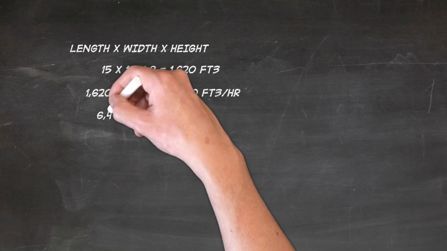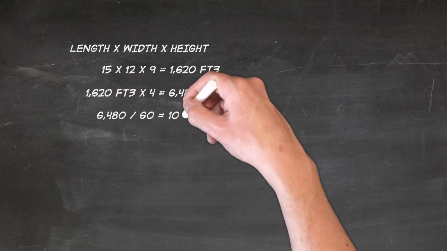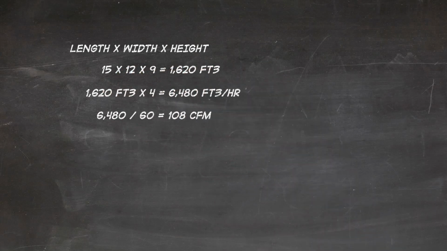So 6,480 divided by 60 is equal to 108 CFM. This means that to achieve 4 air changes per hour in a room that is 15 by 12 by 9 feet, you would need a system that delivers 108 CFM of air.